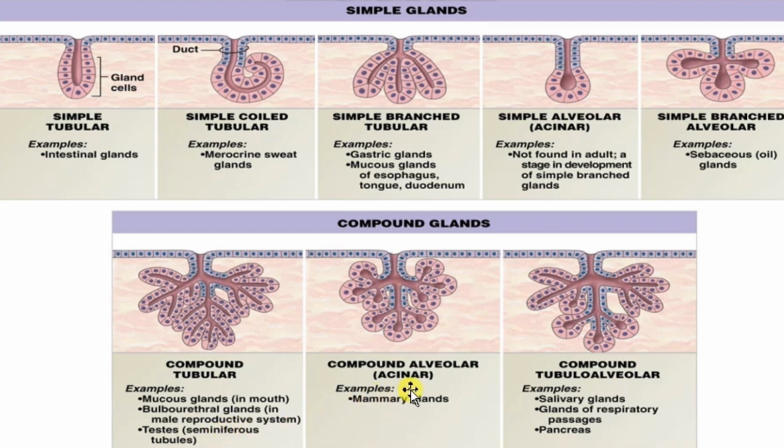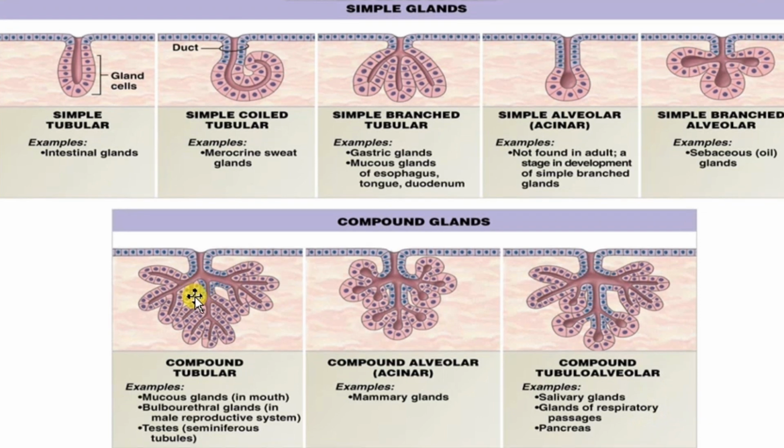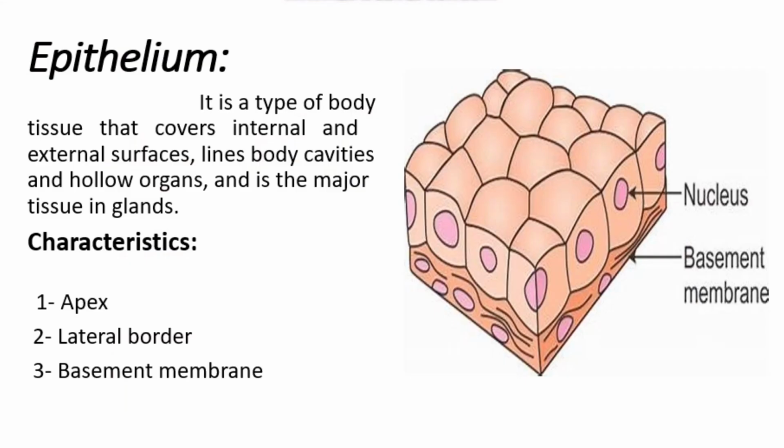Next you can find here compound alveolar acinar, which is found in the mammary glands. Next you can have a look at compound tubuloalveolar, which is found in salivary glands, glands of respiratory passages, and pancreas. So, guys, there's a general look of the epithelium, its structure, functions, and characteristics.